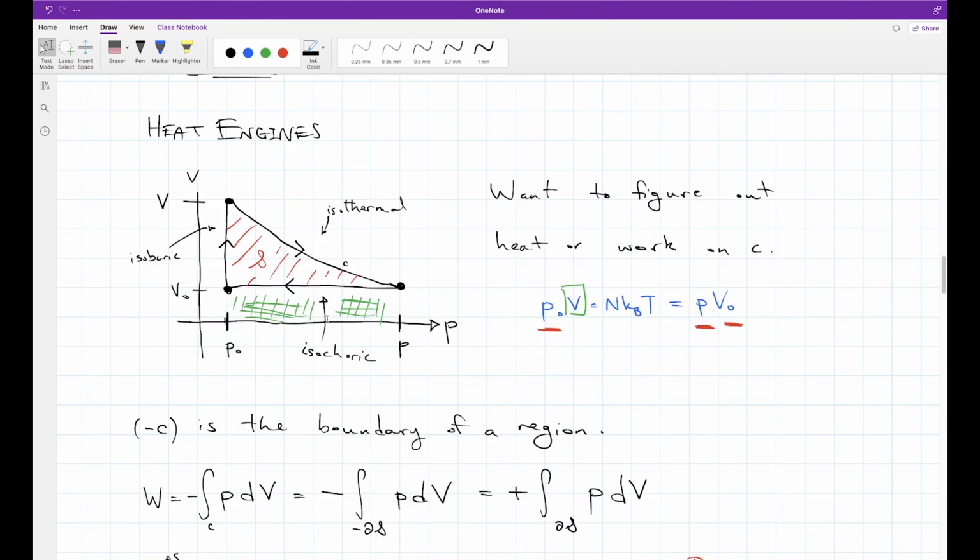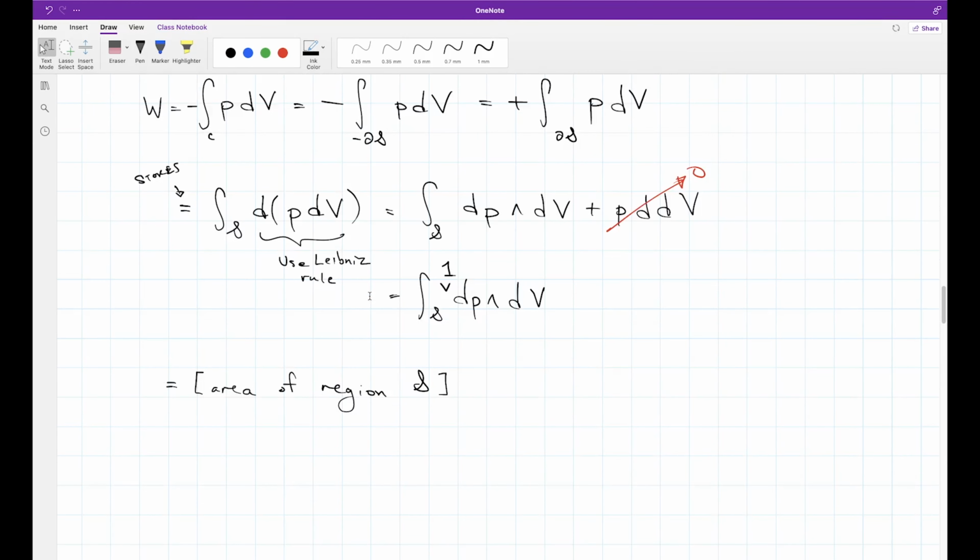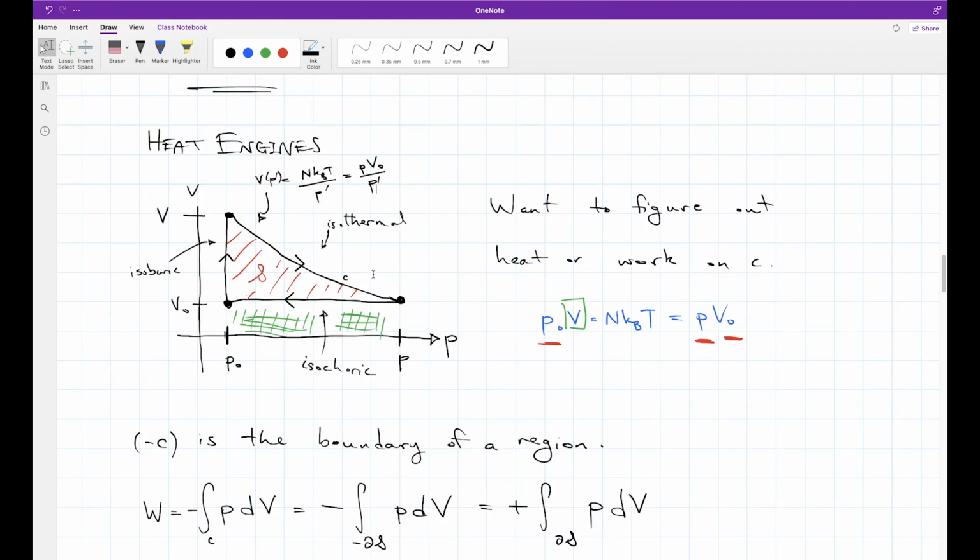We know that this curve up here is the curve V is equal to N kBT over P. And furthermore, N kBT is equal to P times V naught. So let me maybe say that this is V of P prime. And this is equal to P times V naught over P prime. Good. Yes, that gives us exactly what we want.